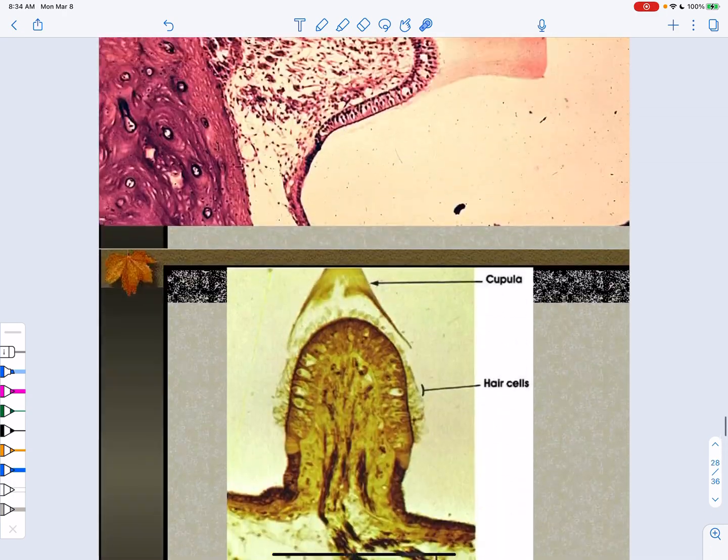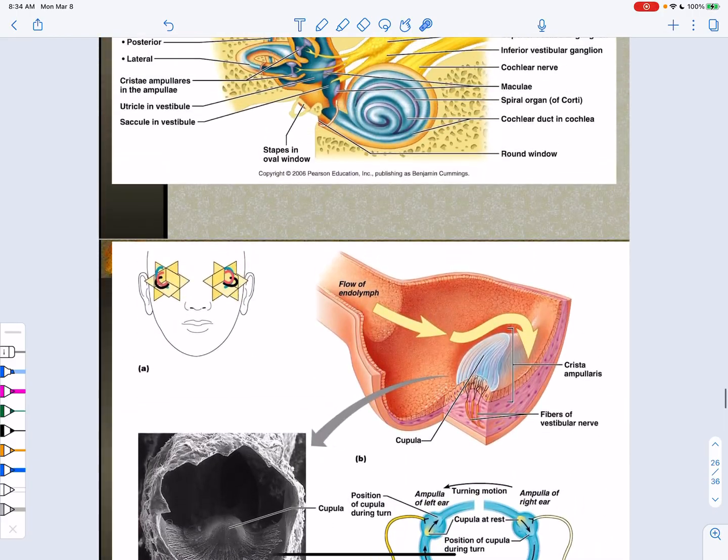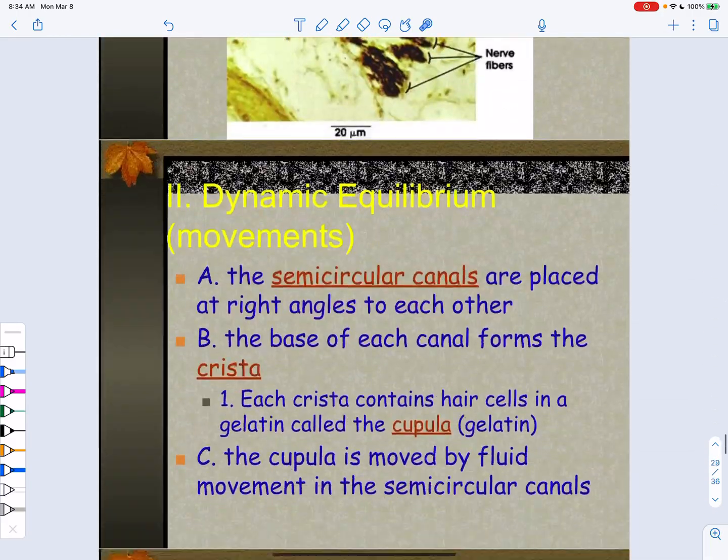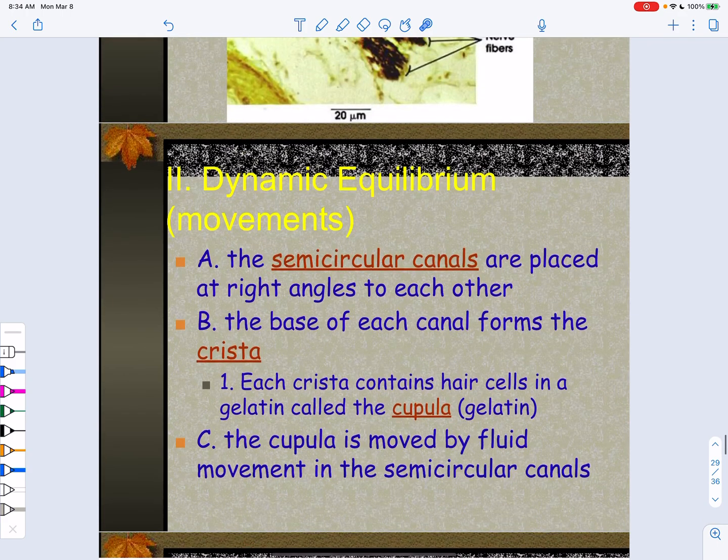Okay, so your semicircular canals are going to be what give you your dynamic balance. Sorry about rolling the screen there. Your dynamic balance. Okay, so this is going to be what allows you to run, ride a bike, all of those good things. And again, dynamic equilibrium is while we're moving.